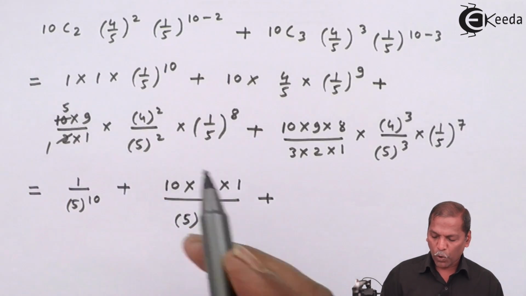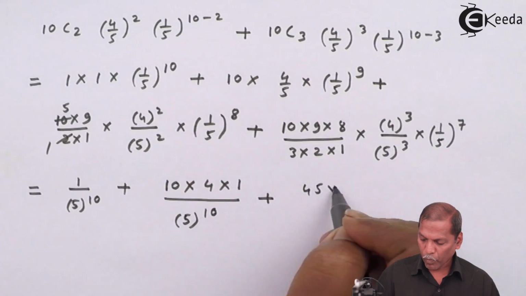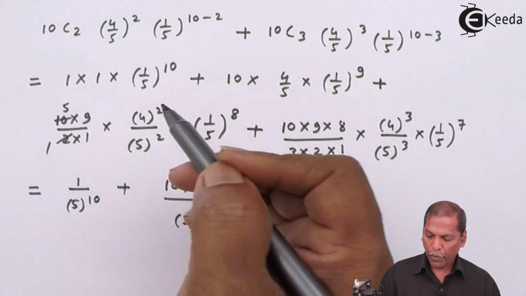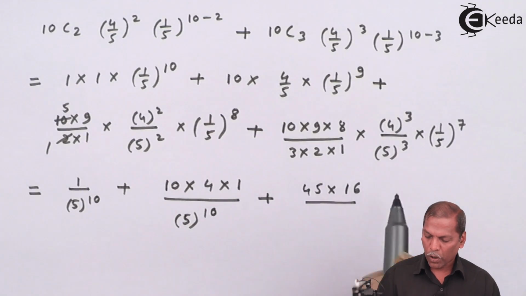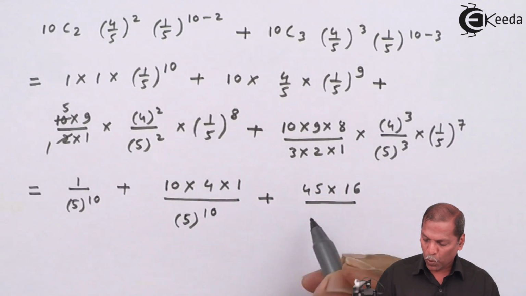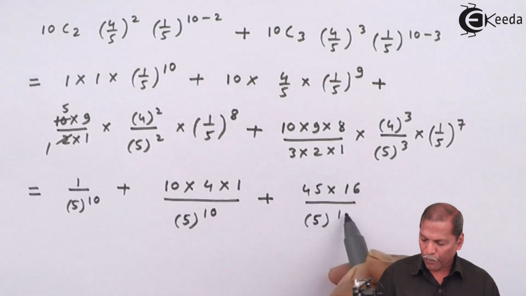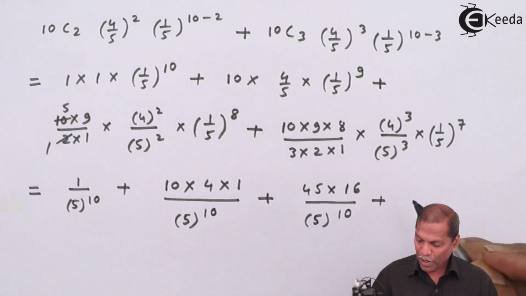Now 5 into 9 gives 45 into 4 squared, that again gives 16 upon 5 raised to 8 into 5 raised to 2, so that gives 5 raised to 10, plus.